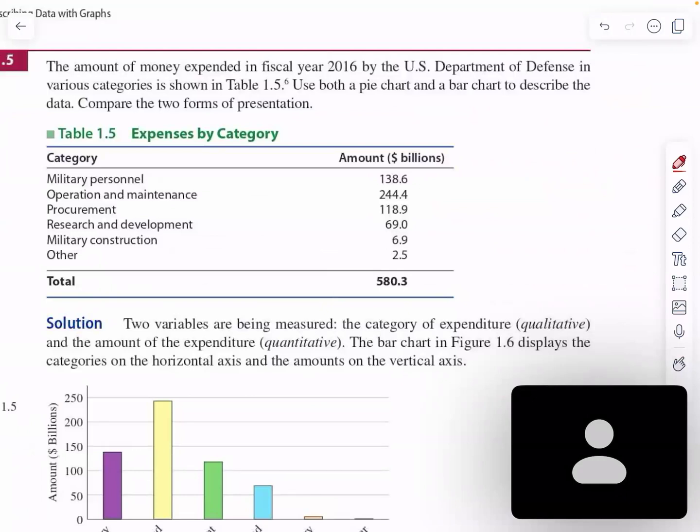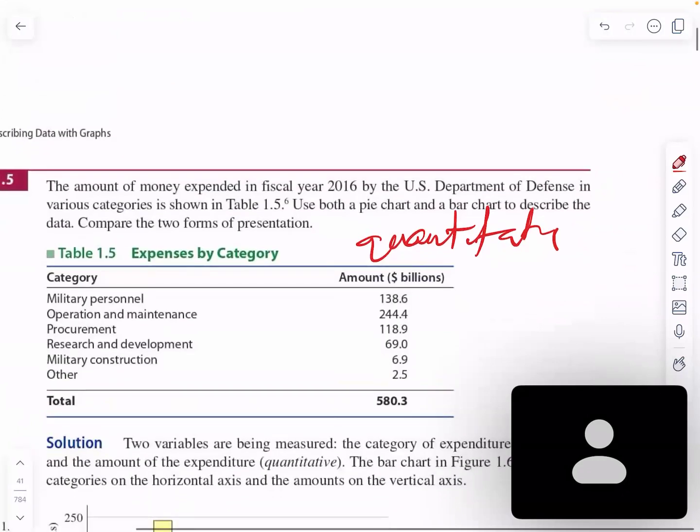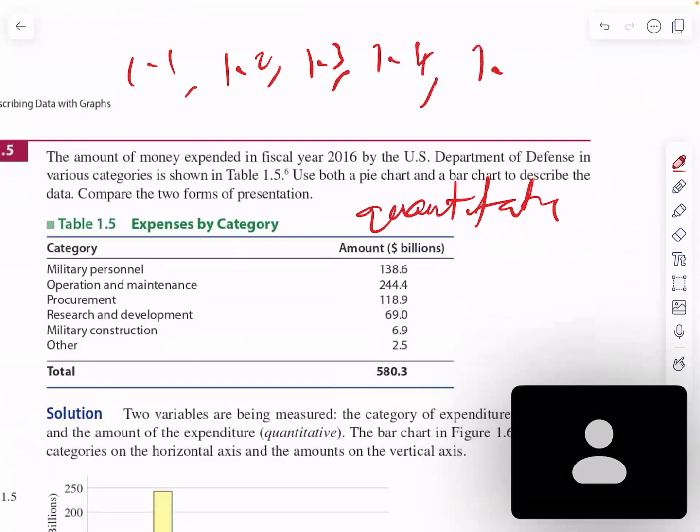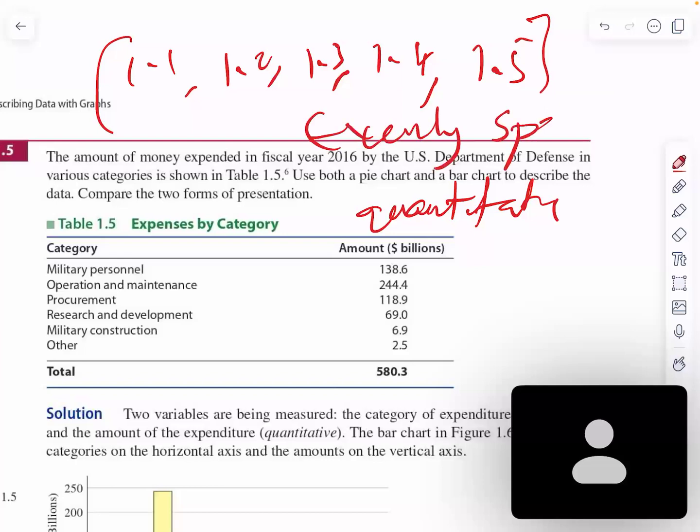This is quantitative. How do we know it's quantitative? Because of the decimal point. Now, I told you yesterday, if you have numbers like 1.1, 1.2, 1.3, 1.4, and 1.5, evenly spaced, this may be discrete.